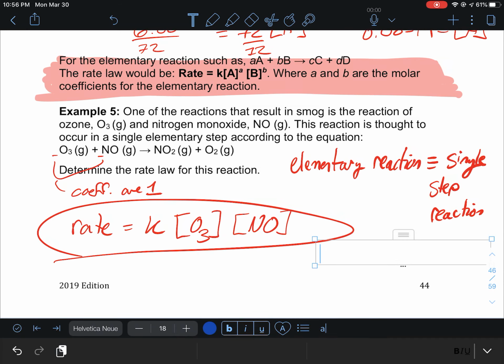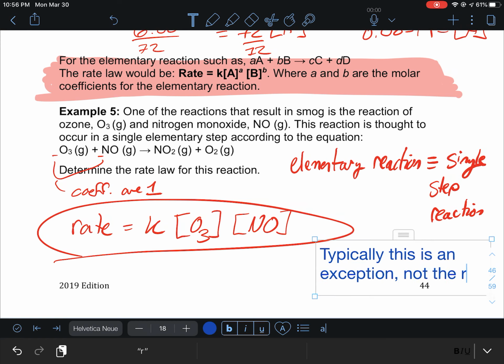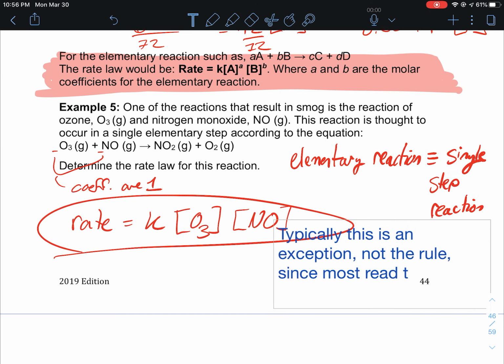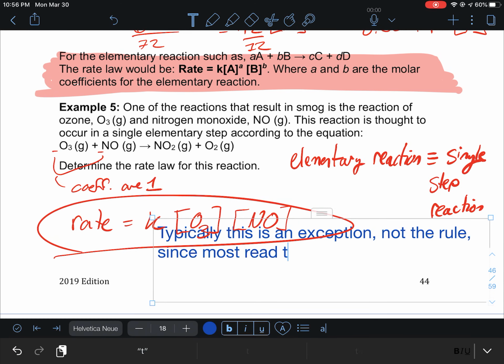This is an exception, not the rule, since most reactions follow a multi-step mechanism.